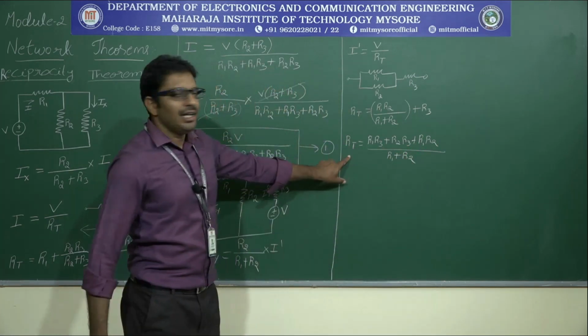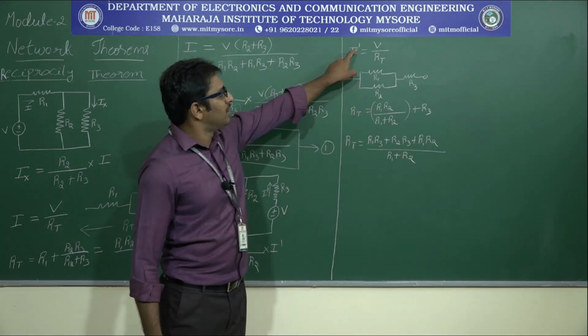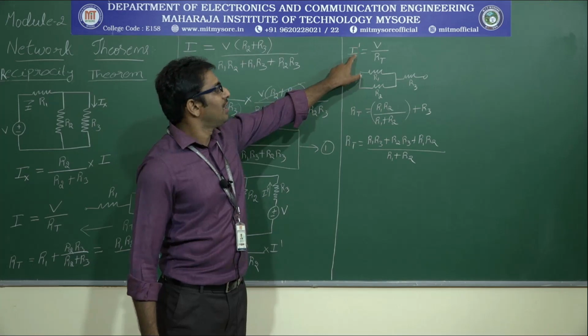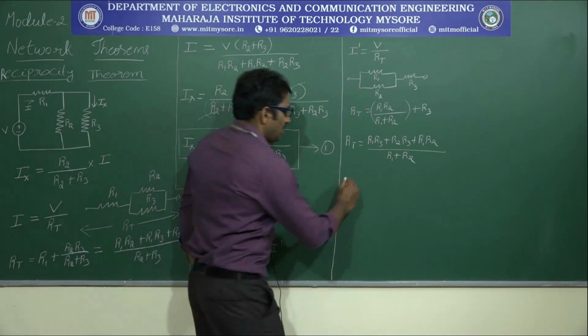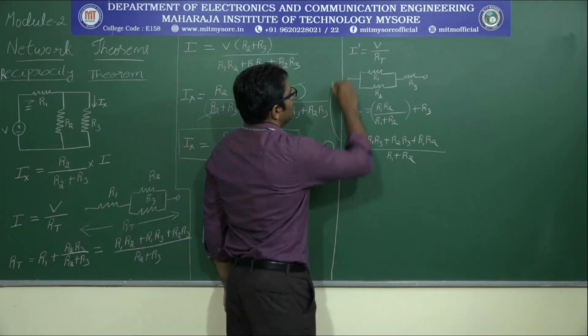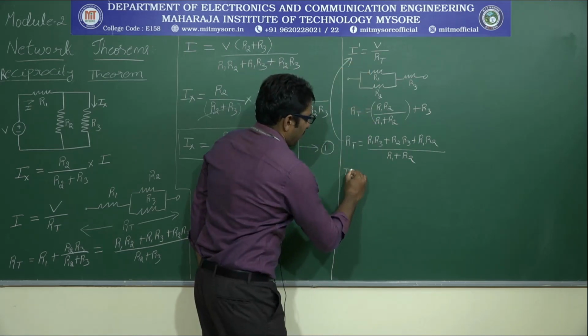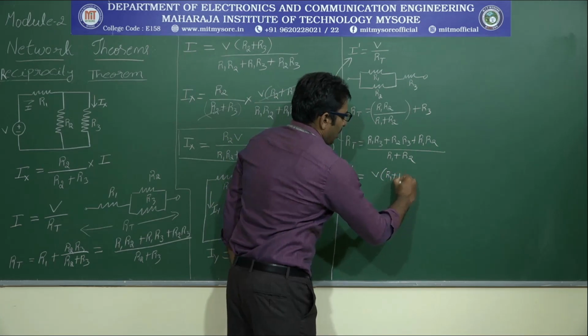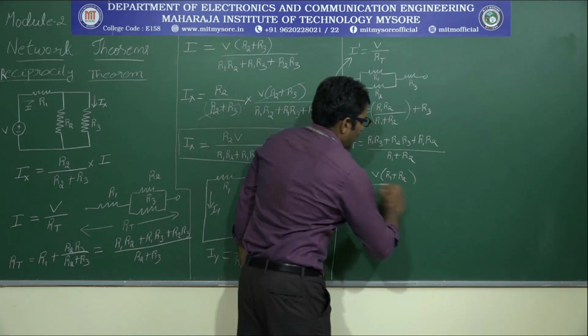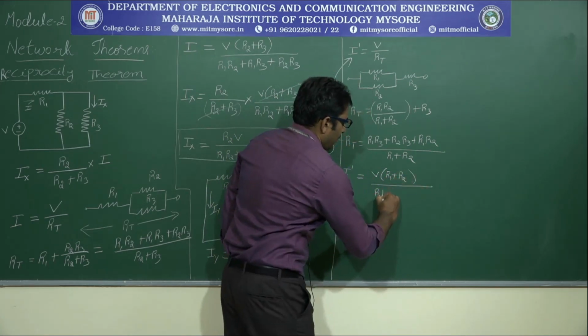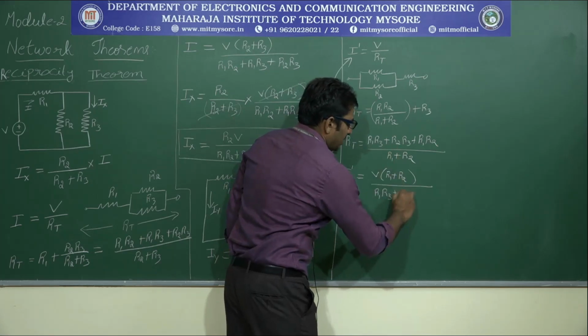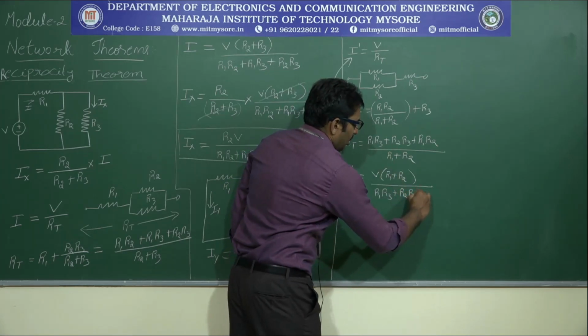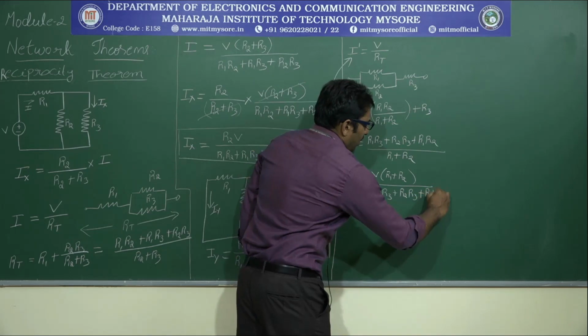After finding RT, just substitute in I dash, so you will get the equation for I dash. Therefore, I dash is equal to V into R1 plus R2 divided by R1 R3 plus R2 R3 plus R1 R2.